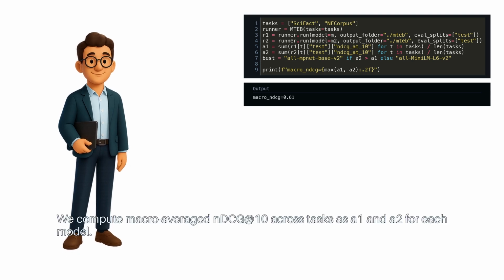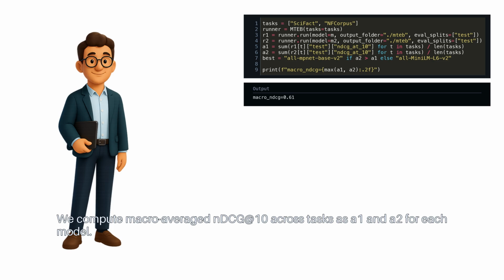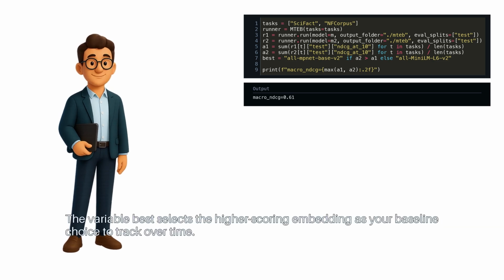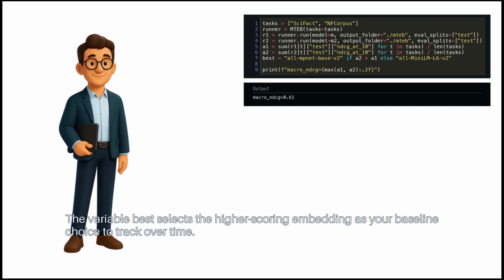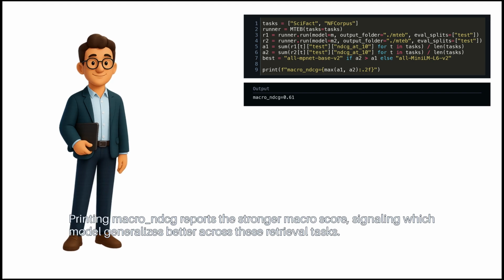We compute macro-averaged nDCG at 10 across tasks as A1 and A2 for each model. The variable best selects the higher scoring embedding as your baseline choice to track over time. Printing macro nDCG reports the stronger macro score, signaling which model generalizes better across these retrieval tasks.